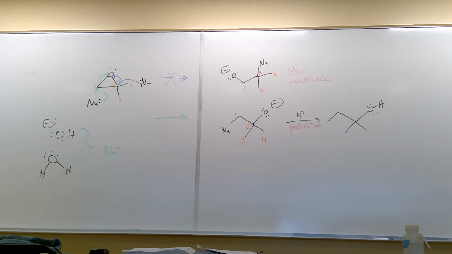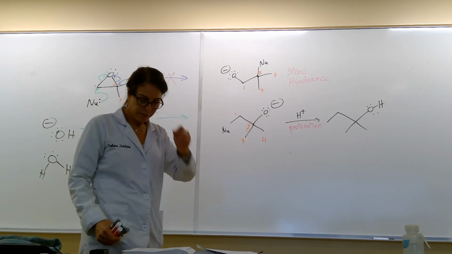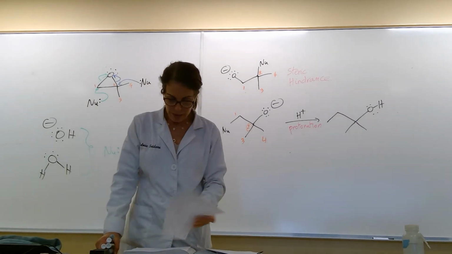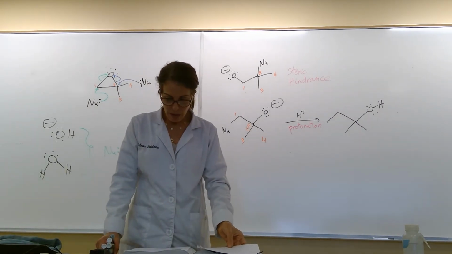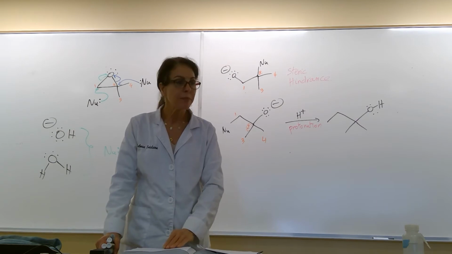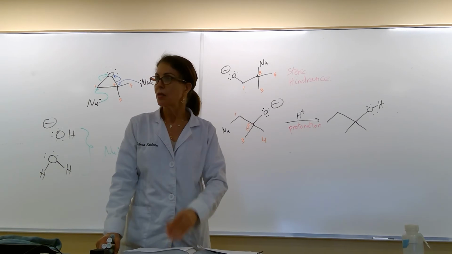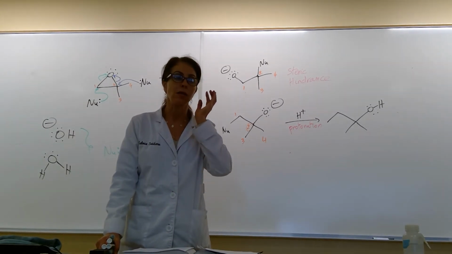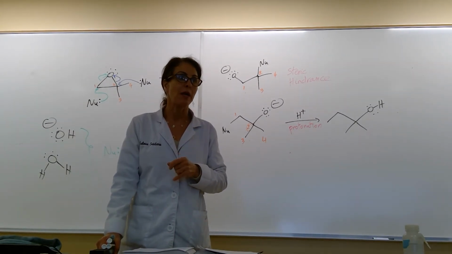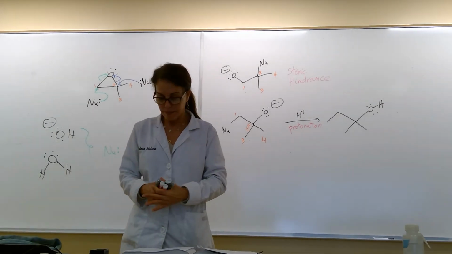You understand? Something negative cannot have something positive sitting there. Okay, so that's the reaction of epoxides. Easy. So contrary to alcohols or ethers, an epoxide reacts both with Bronsted acid and with the nucleophile.